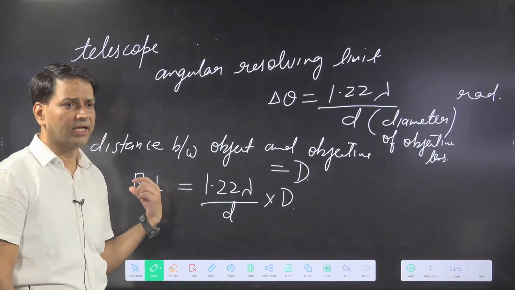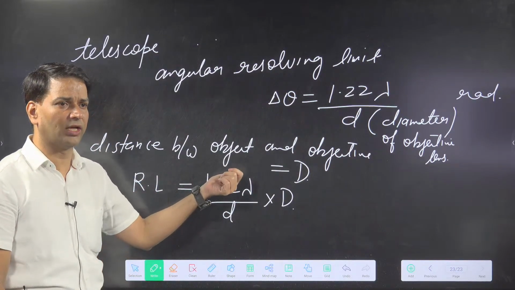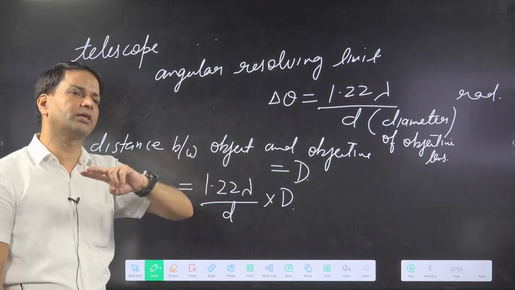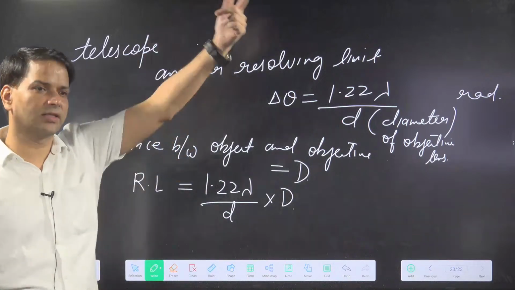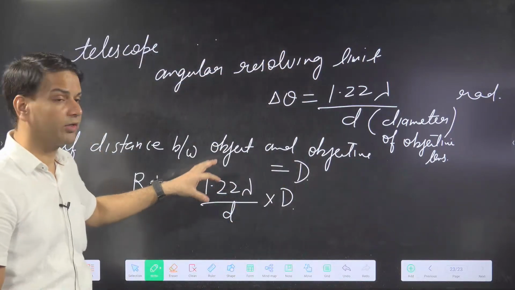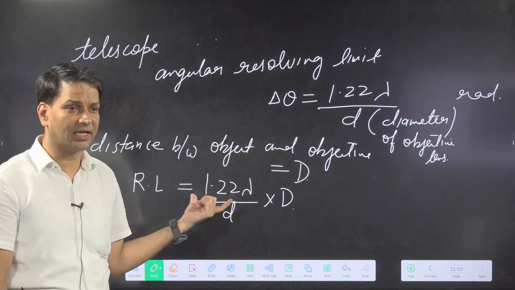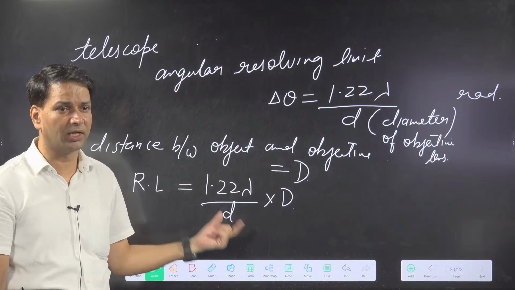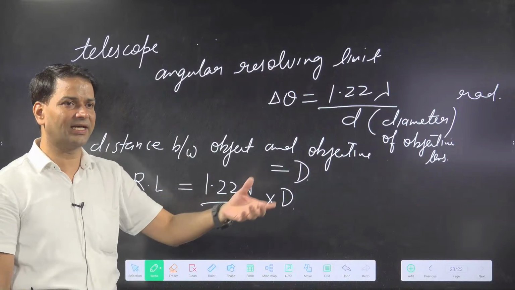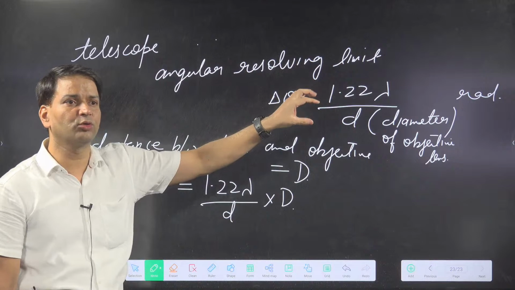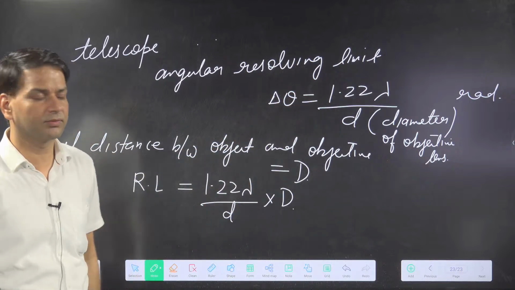They are asking the resolving limit, so 1.22 lambda by d, where d is the diameter of the objective, and capital D we will put as the distance between the objective and the moon. Okay, so if they have given the options in micrometer, meter, centimeter, it means they are asking the linear resolving limit. Then we will use this formula. If the options are given in radian, it means they are asking the angular resolving limit, so we will use only 1.22 lambda by d, where d is the diameter of the objective.